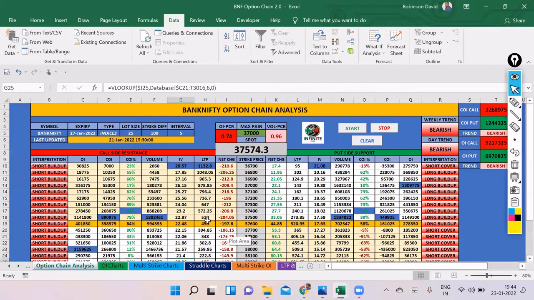It is close to 800 rupees. So 800 points up and down they can manage. That means from 37,500 to 38,300, and similarly on the downside it should be 36,700 or 800.